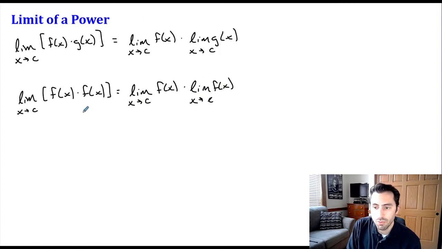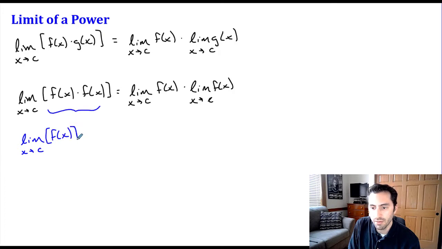Now, multiplying a function by itself, I have another way that I can write this. So instead of writing this as f of x times f of x, I could write this as the limit as x approaches c of f of x squared. And then I could follow the same process and I would end up with the same exact thing.